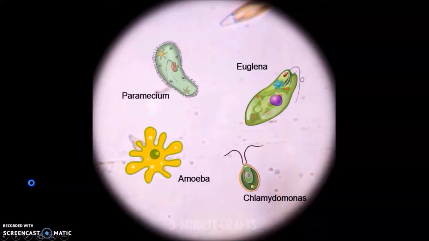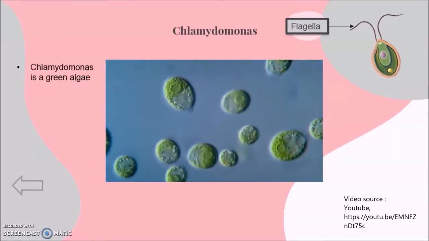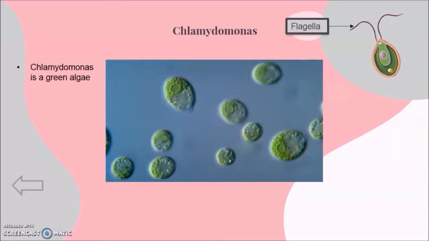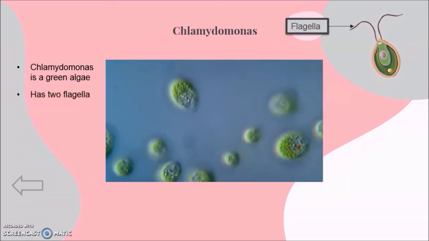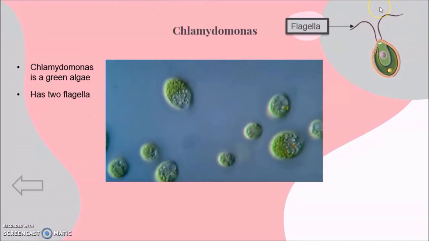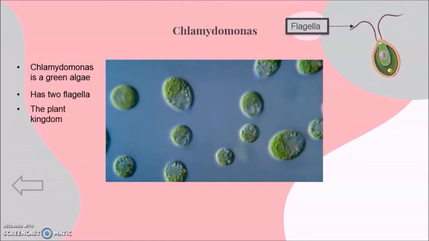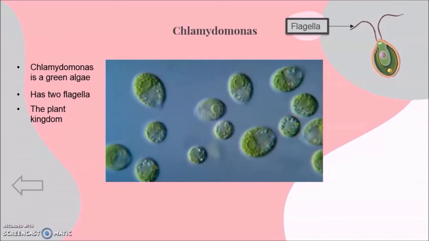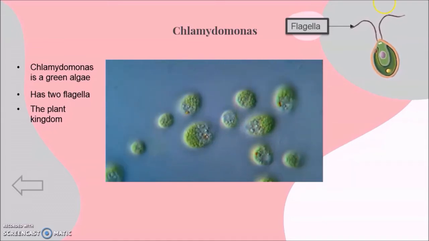The last unicellular organism is Chlamydomonas. Chlamydomonas is a green algae which typically has two flagella for swimming and lives in water and moist soil. Chlamydomonas is the plant kingdom's unicellular organism.